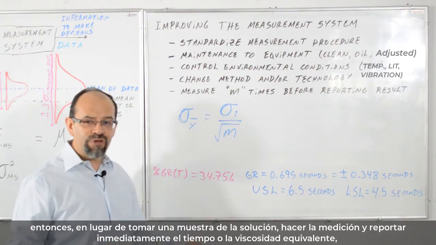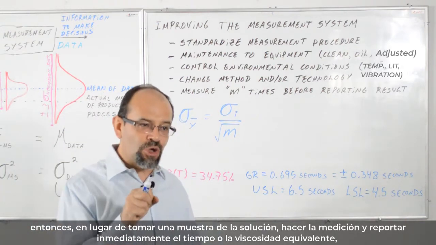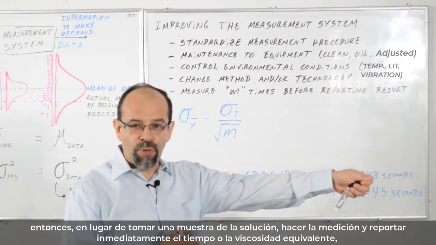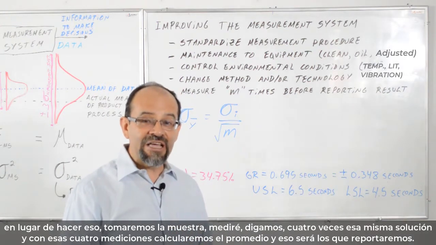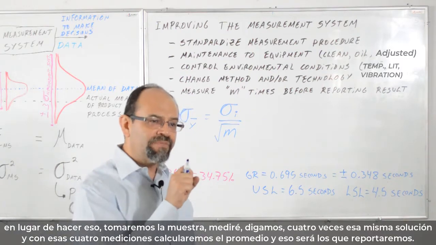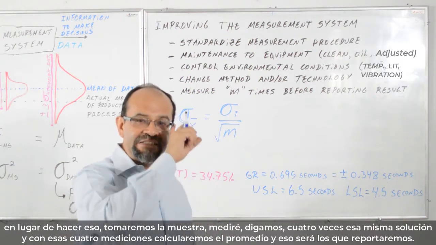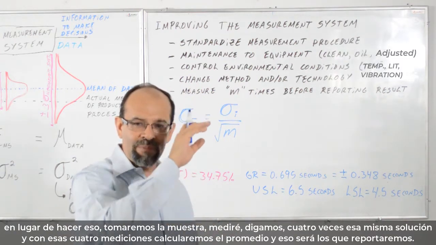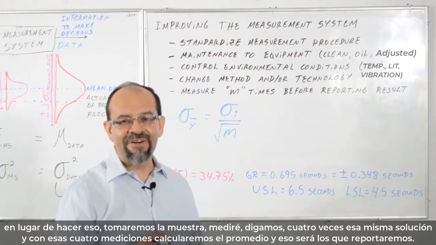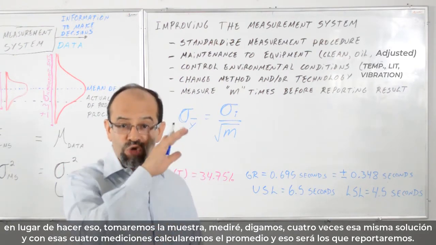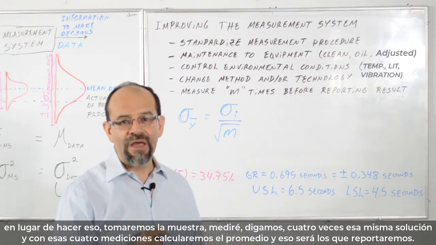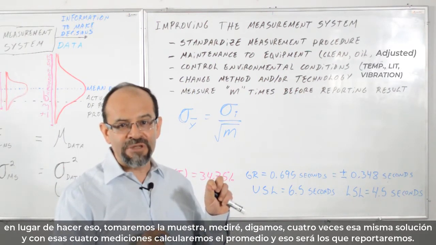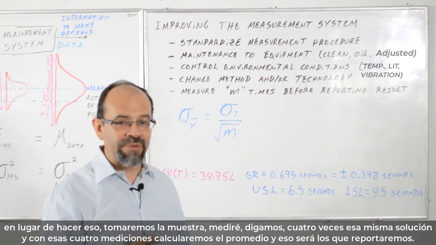Then instead of taking one sample of the solution, doing the measurement and reporting immediately the time or the equivalent viscosity, I will take the sample and measure it 4 times, and the average of those 4 measurements will be the one that I report.